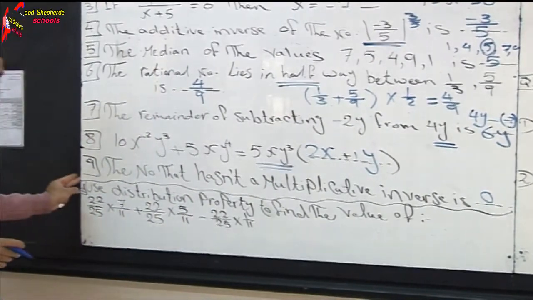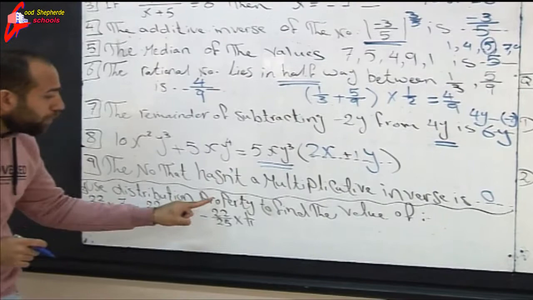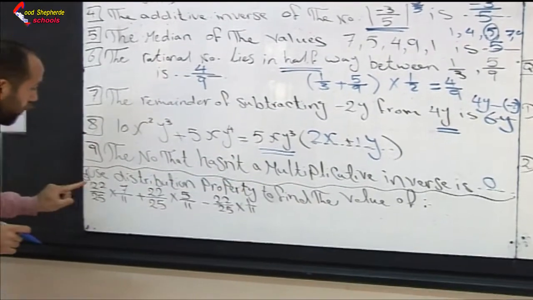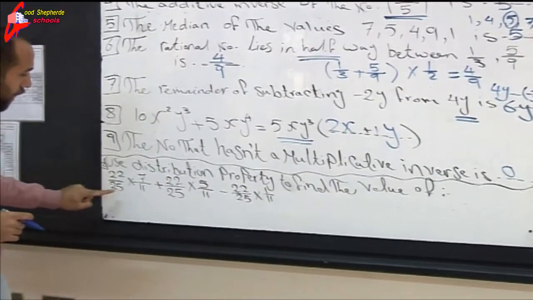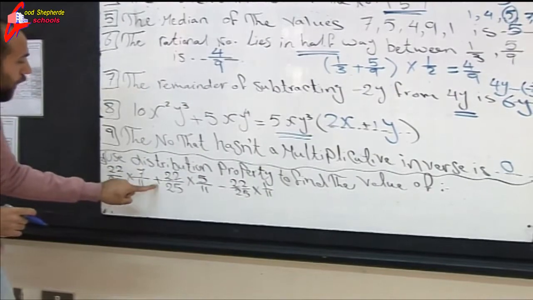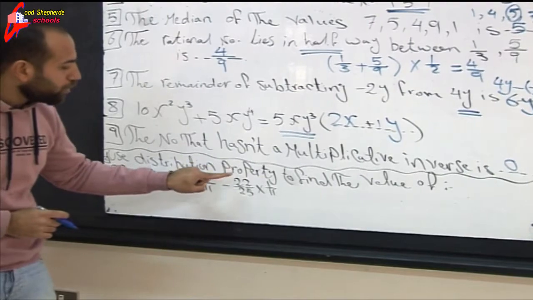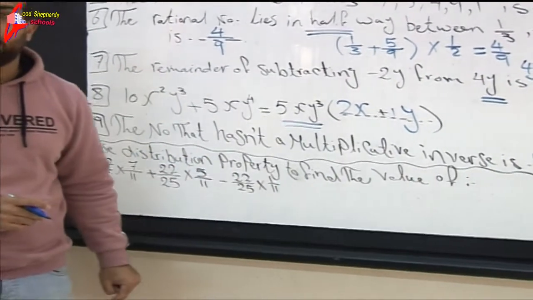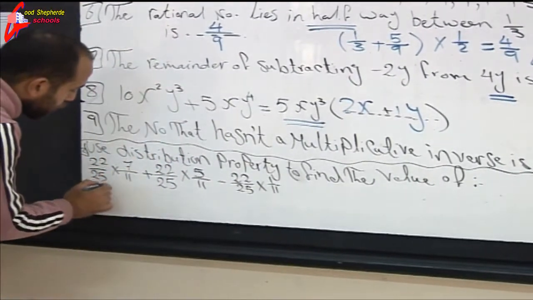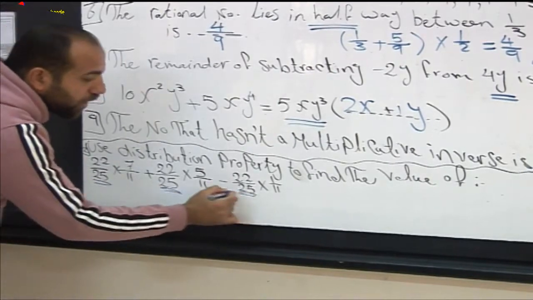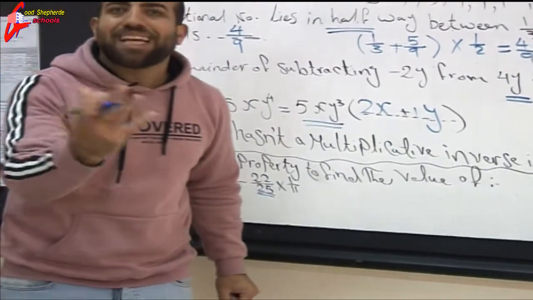Question number 2. Use the distributive property to find the value of 22 over 25 times 7 over 11 plus 22 over 25 times 5 over 11 minus 22 over 25 times 1 over 11. Look, 22 over 25 is repeated. So take it out.